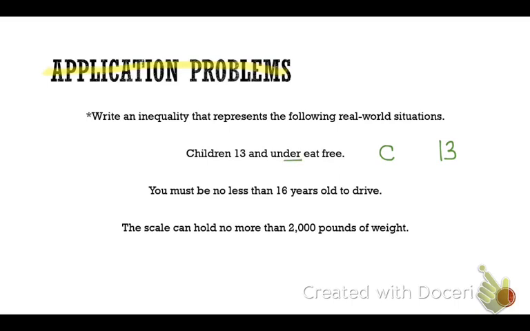So 13 and under means that the kids need to be less than 13 years old. But if they are 13, that's still okay too. So this would be the inequality that represents that situation. All right, so I just want you to pause, and I want you to try to do these next two.